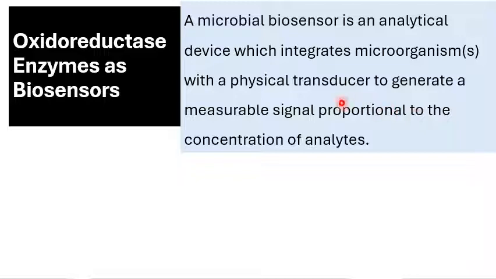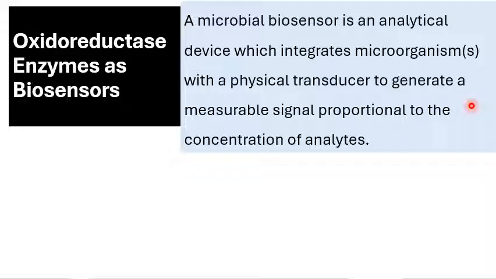So oxidoreductase enzymes are applied and used as biosensors. Once the analyte is in tune, it gives a signal, and this is called a biosensor.